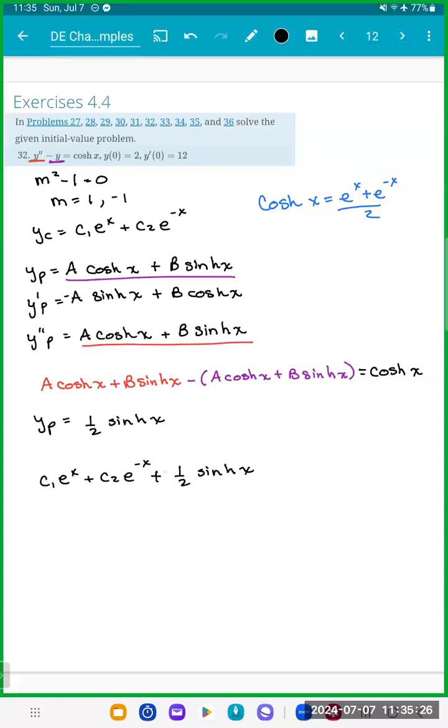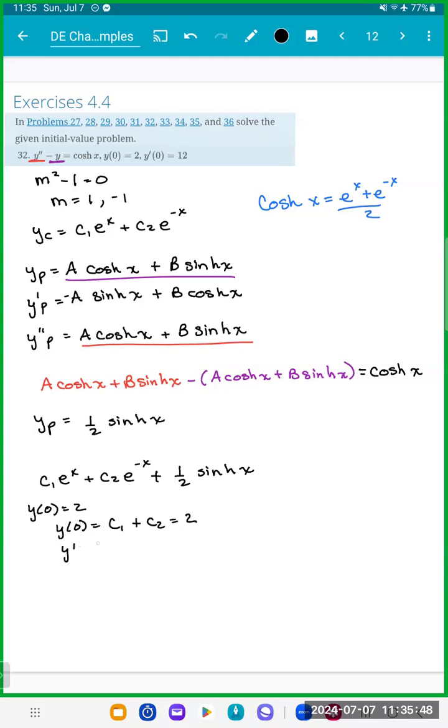Now we were given, though, that y of 0 is equal to 2. So that is y of 0 equals c1 plus c2 equals 2.